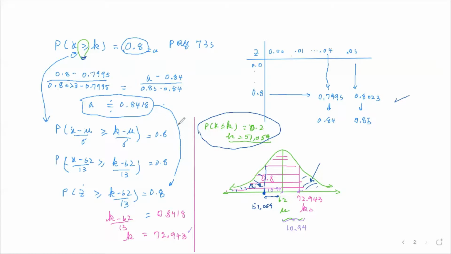For this question you have two choices: work according to greater than, but you have to do more steps to get the lowest point, because the question needs the lowest point. Everyone get it? But if you work with less than, we get the answer directly, because we read according to the table, and the table gives the less than area from the left end to the point.